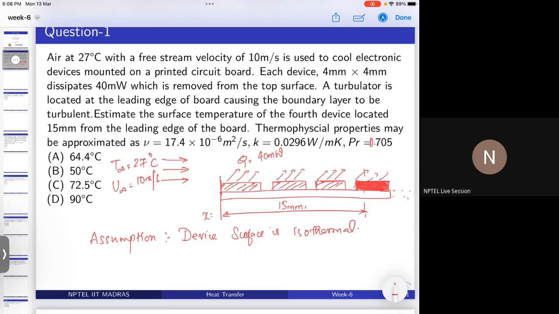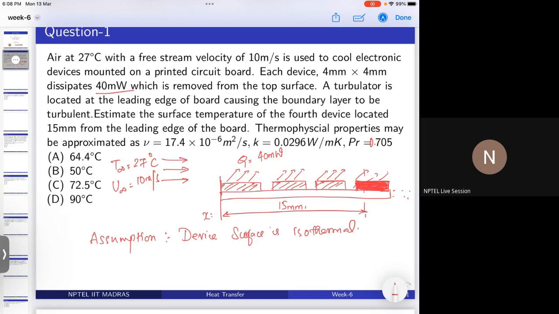So what is the approach we have to take? How will we get the surface temperature? What is the first step? We know the amount of heat to be dissipated, that is 40 milliwatt, and we know the free stream temperature of air.